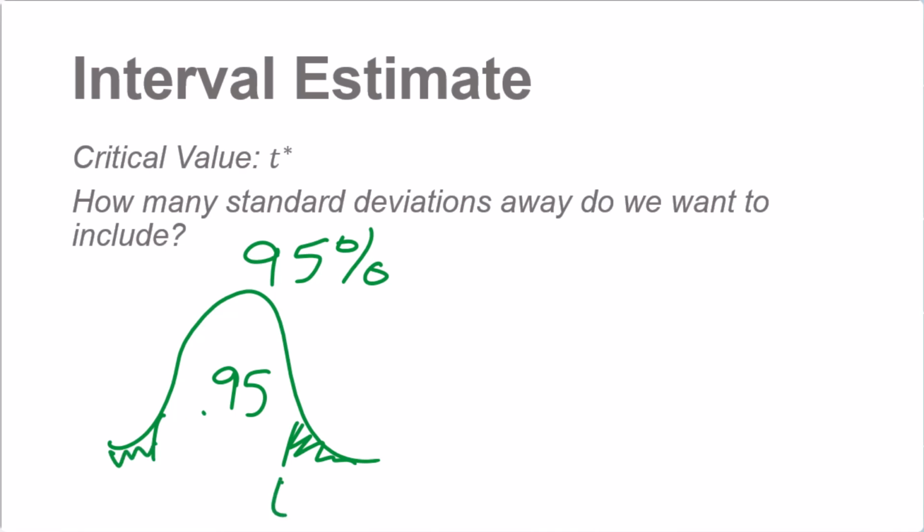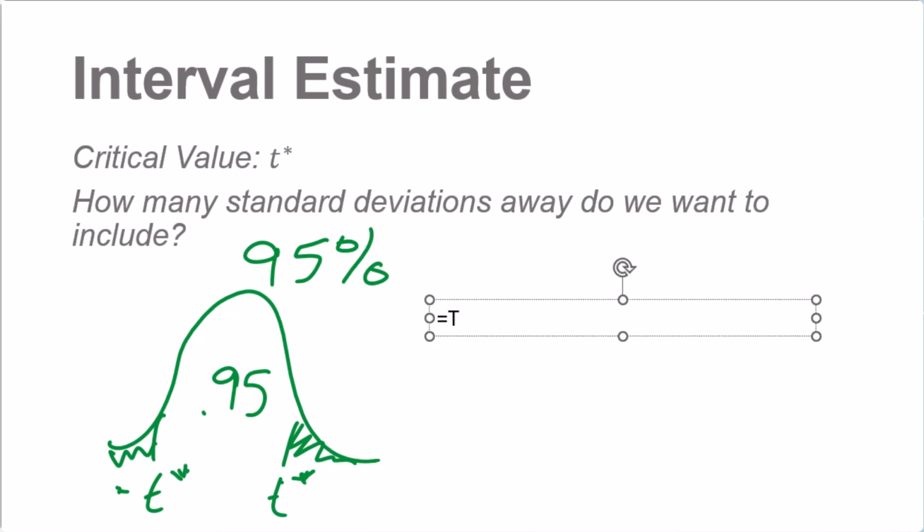And the critical value is the t-score, the t-value, the one on the right. There's also a critical value on the left, which is just the negative version of this t-star value.